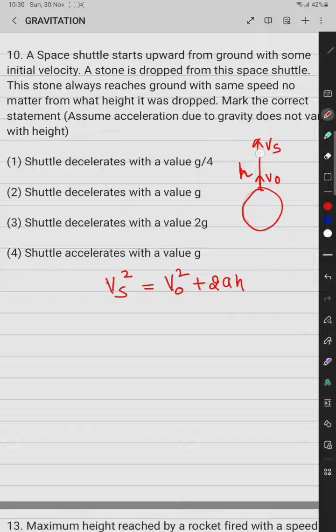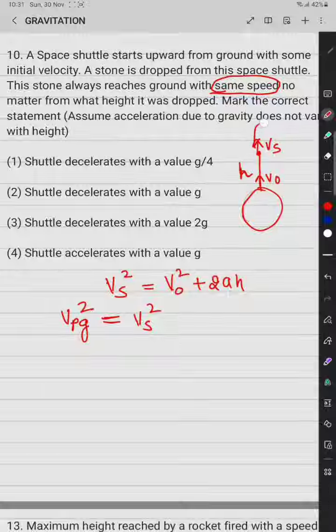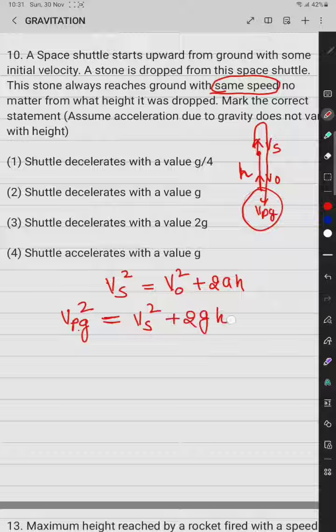Now the particle is released from the shuttle, and the velocity of the particle when it reaches the ground is with the same speed, that is a condition. Suppose the velocity of the particle when released from the shuttle is vs squared, and the speed on the ground is vs squared plus twice g into h.